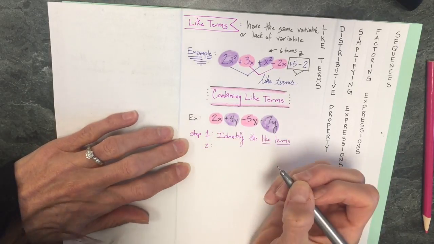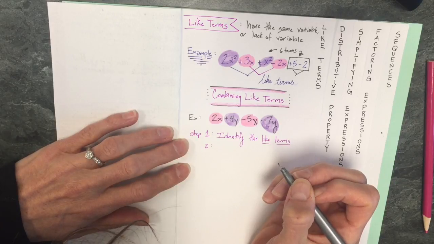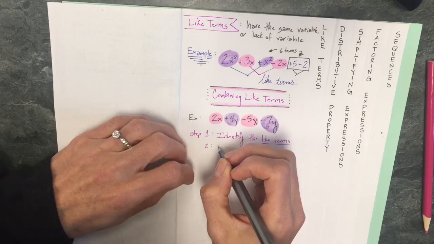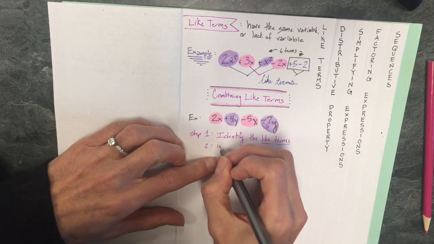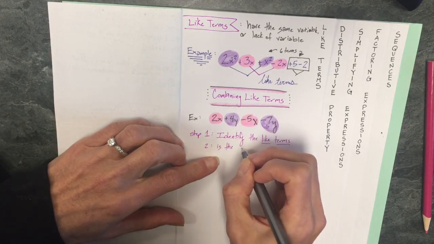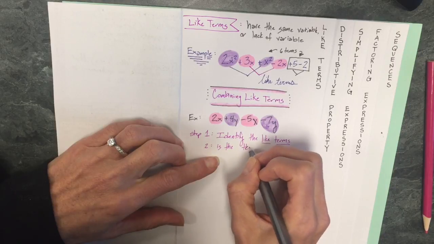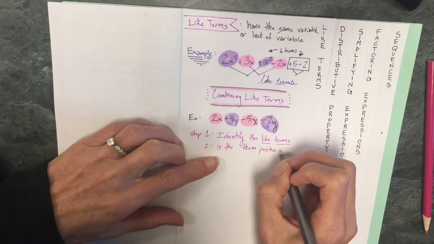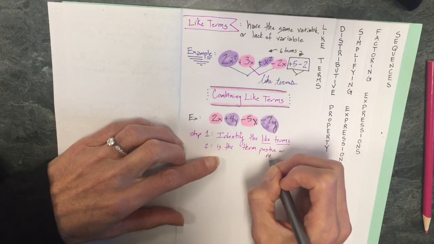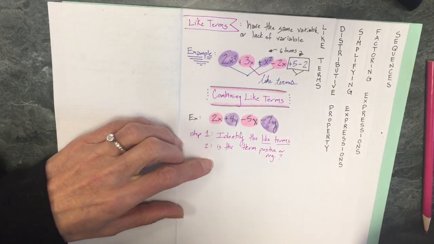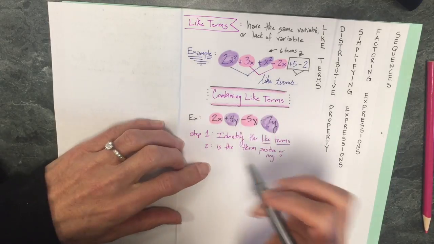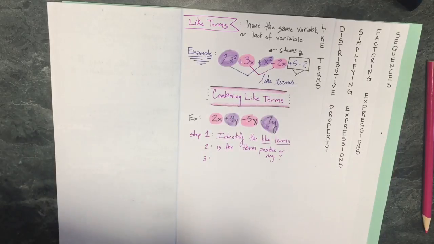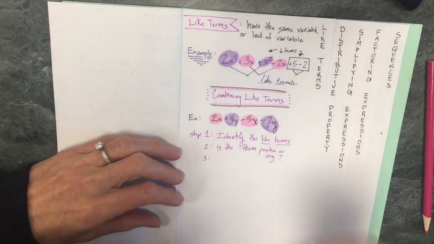Step 2 is, I want you to take a look at, is the term positive or negative? Okay, so that's why we're looking at what's in front. And then step 3 is add or subtract them. Combining by adding or subtracting.